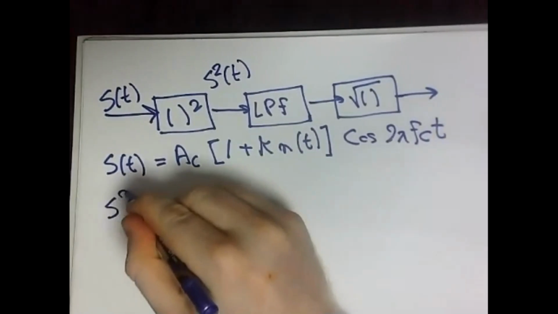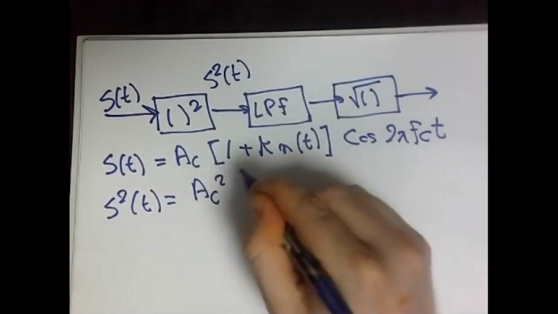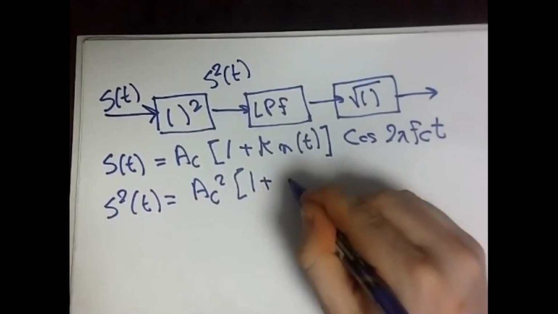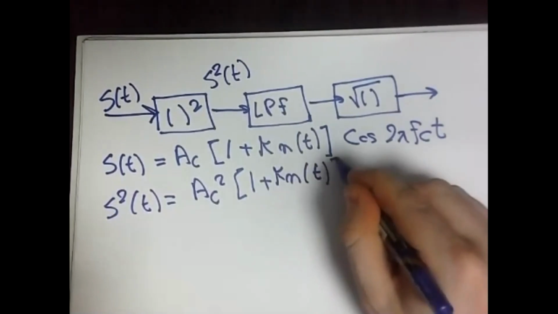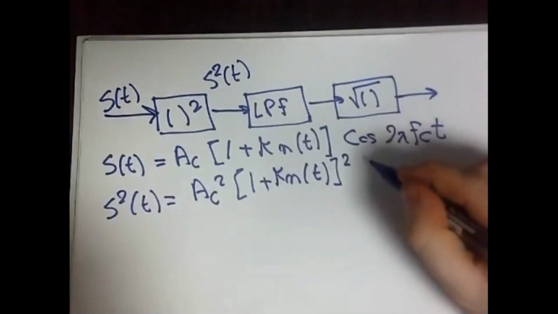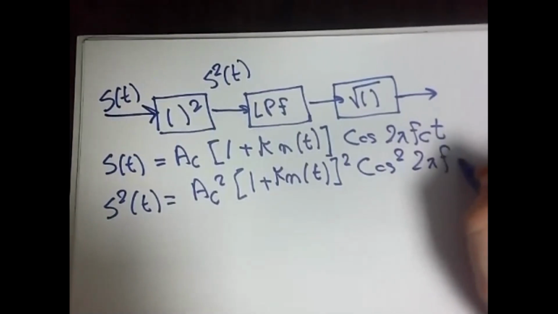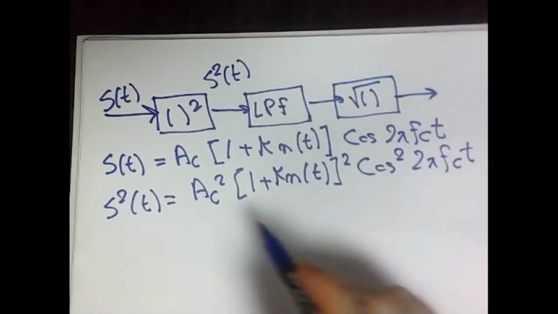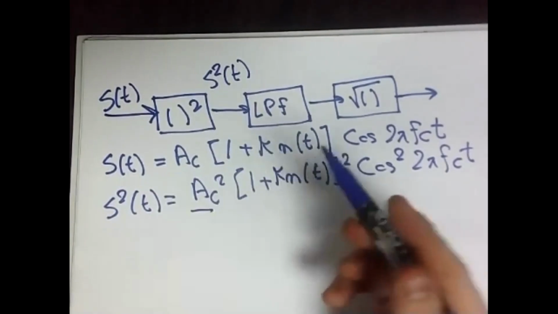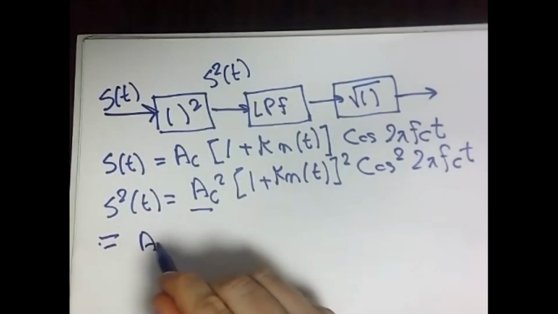Now this s square of t simply looks like this: Ac square, 1 plus k m of t all squared, and then we have cosine square 2 pi fct. This is very simple. Here there is no problem actually, this is just a constant squared. So this is again equal to Ac square.